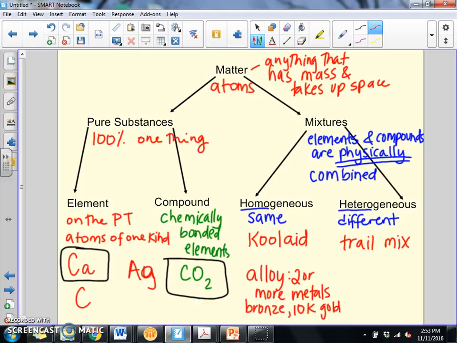If you have ever had 10-karat gold and wondered why they include the 10-karat part, it's because it includes not just gold, but oftentimes copper or something like that to strengthen it. So an alloy is a particular type of homogeneous mixture. A homogeneous mixture is also called a solution. All of these vocabulary words are things that you need to continue to review. There are examples on eClass and on the internet of figuring out: is it an element, a compound, a homogeneous mixture, or a heterogeneous mixture?